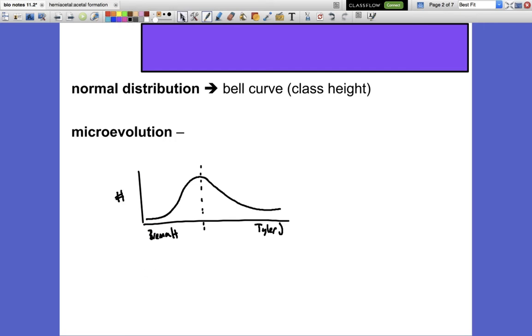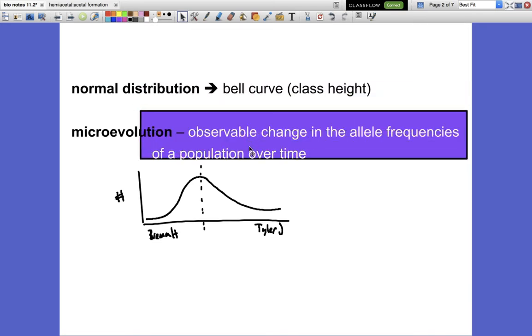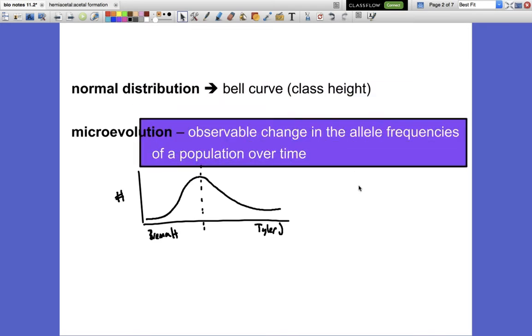We're going to talk about a normal distribution a lot, but we're also going to talk about microevolution, an observable change in those allele frequencies of a population over time. So if we were to look at a classroom from not today, but maybe 100 years ago in this country, in a high school, everyone across the board would be a little bit shorter.